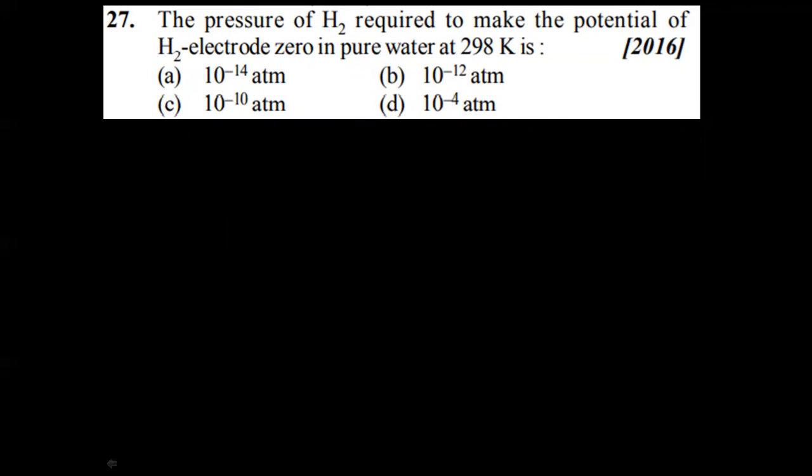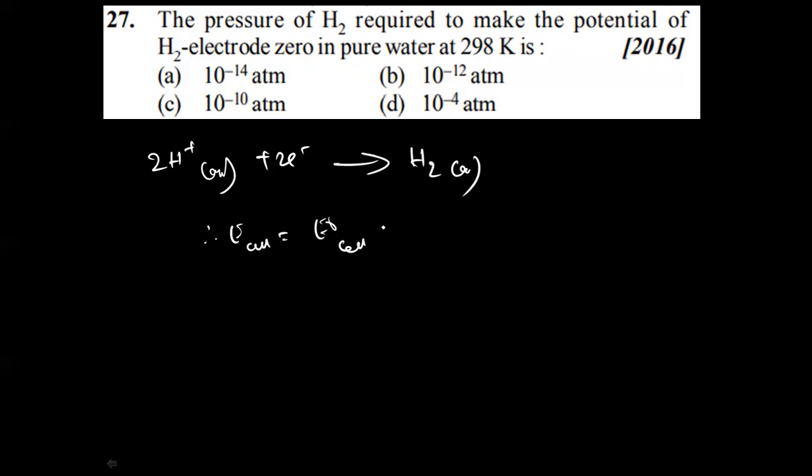Here we have to write the reaction: 2H plus 2 electron gives rise to H2, and E cell is equal to E naught cell minus 0.0591 divided by 2 log pH2, pressure of H2, divided by concentration of H plus whole square.